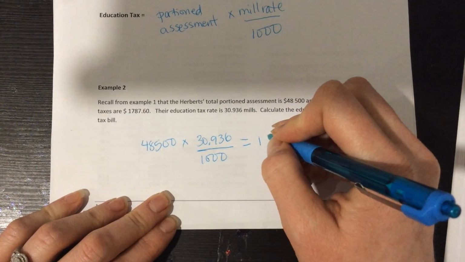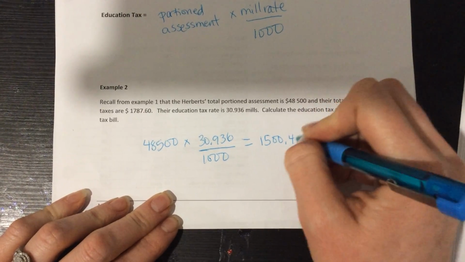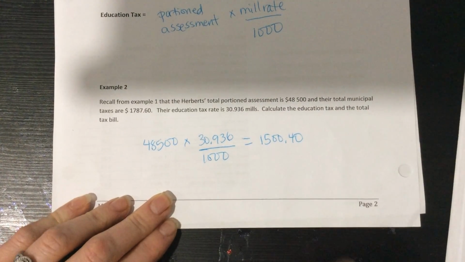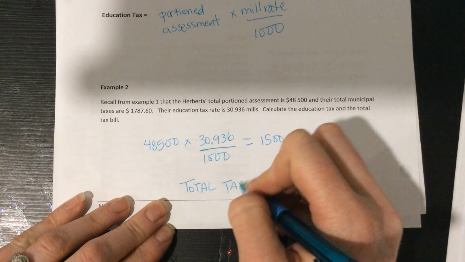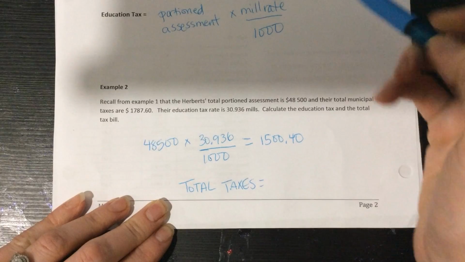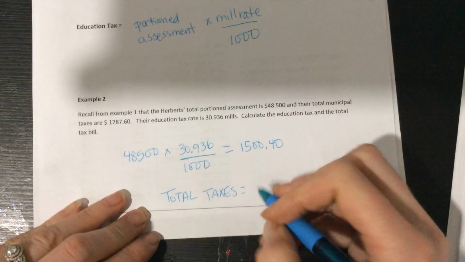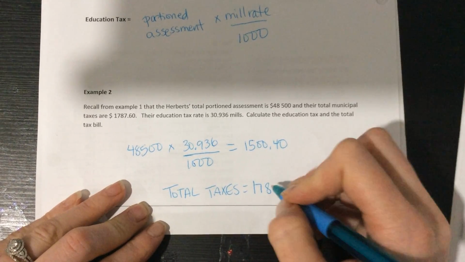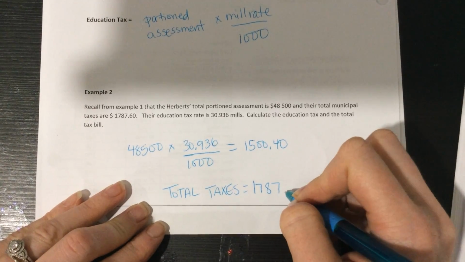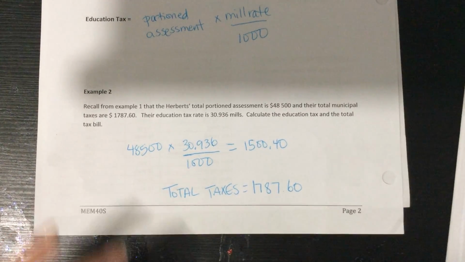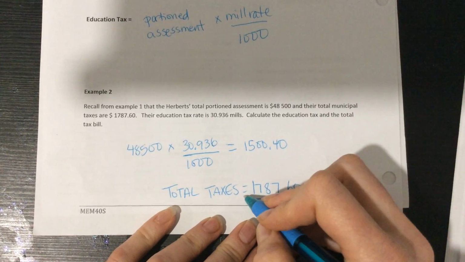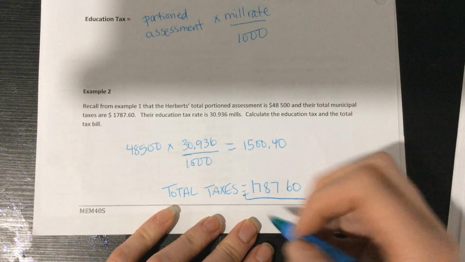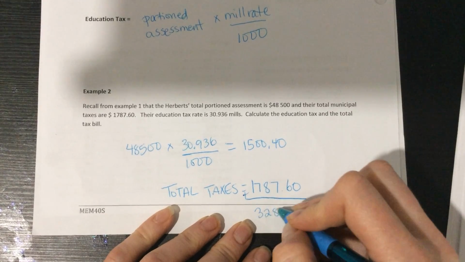That gives us $1,500.40. And then to get the total taxes, we need to add on the initial municipal tax from up there, which was $1,787.60. Wow, I can't say money. And we're going to add that together for a total of $3,288.